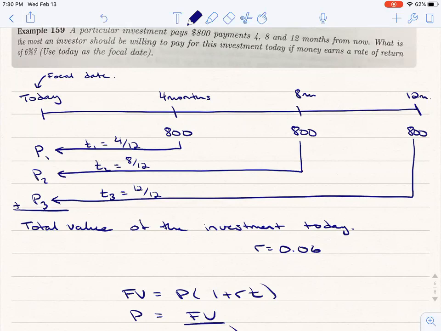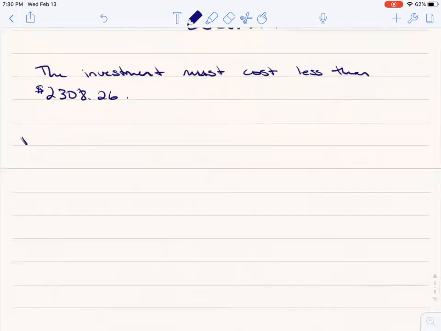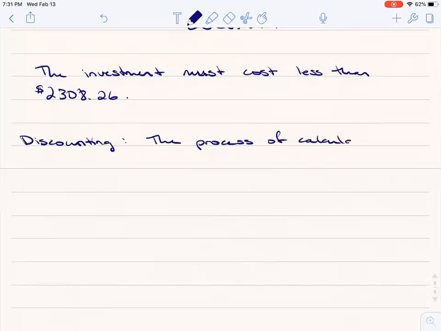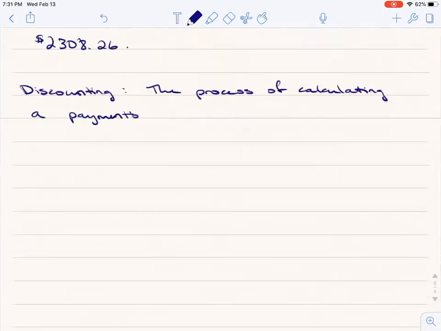We're calculating the present value, so we're discounting. So I'll just make a note here. Discounting is the process of calculating a payment's present value.